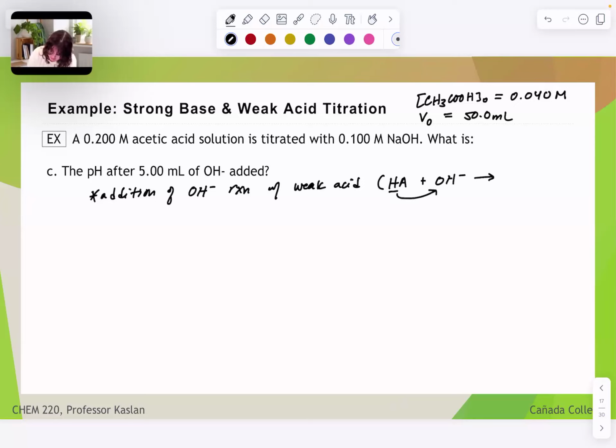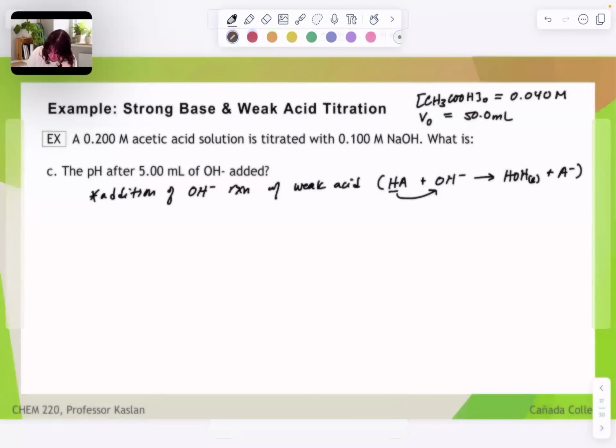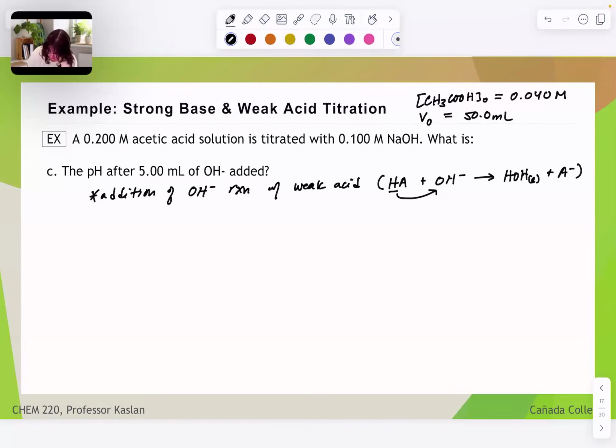And because OH is such a strong base, we consider this to be a full and complete reaction. So we have now HOH, or liquid water, and then the conjugate A minus. So what this means is that some of our acetic acid is going to be reacted away or neutralized by this hydroxide. So let's figure out how much.